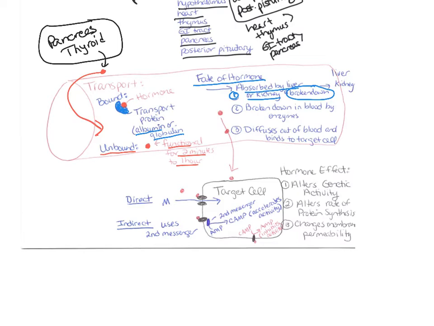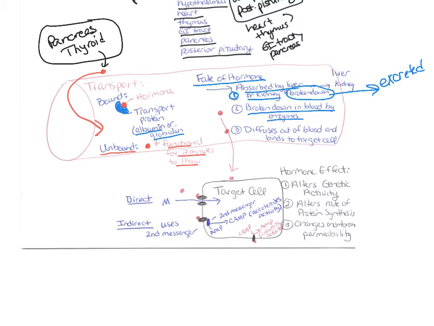So they will be broken down by the liver or the kidney, and in either case, that hormone will be excreted out of the body. So that's one fate. Another fate is if it's unbound, it'll be broken down in the blood by enzymes. So that's another fate. So two very tragic fates.